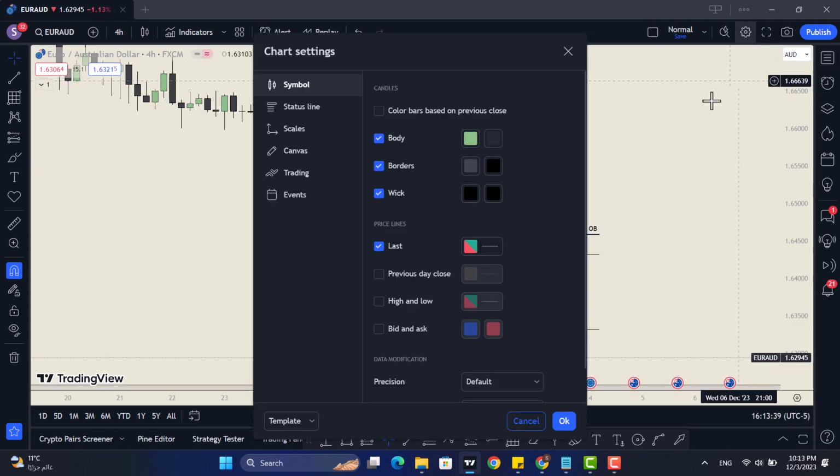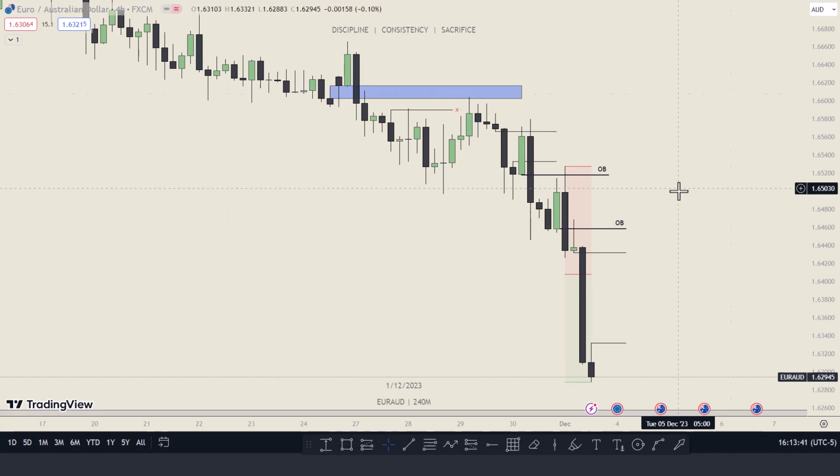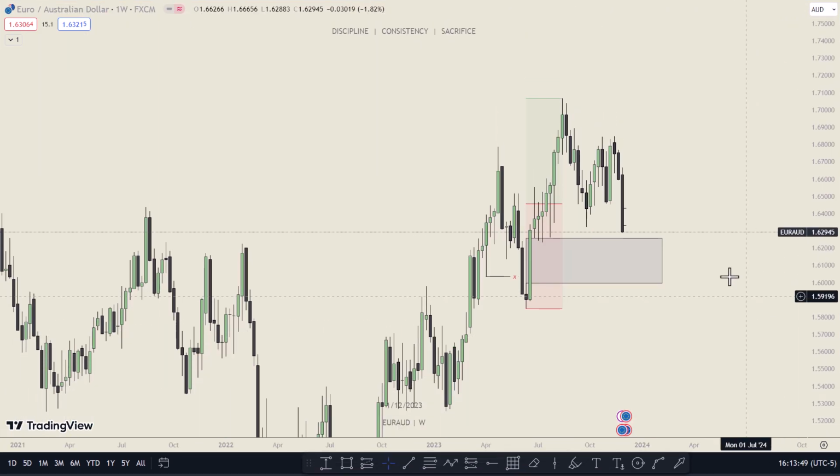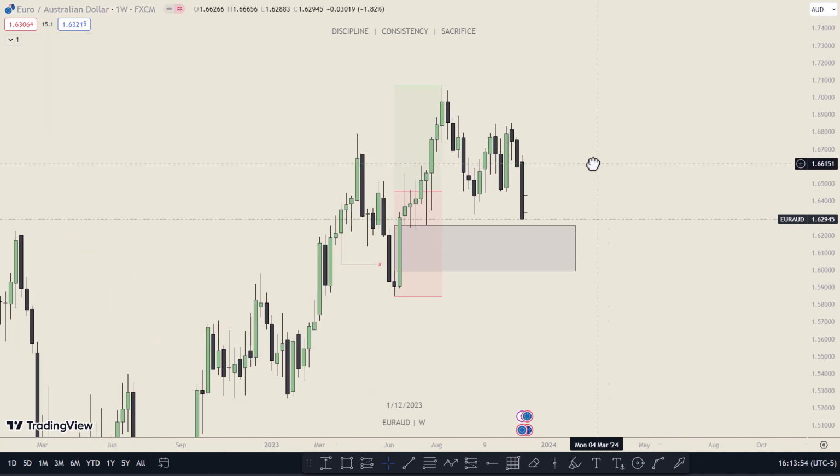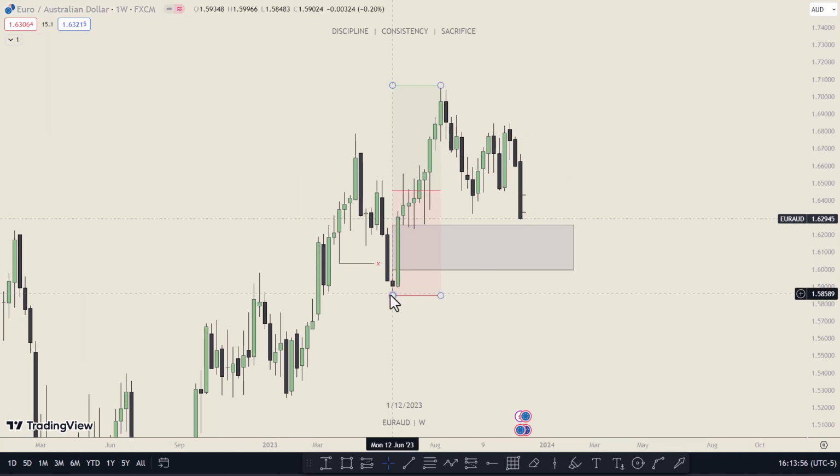I have shared this one on my Twitter account. Let's go to the daily. All right, so this is the euro against the Australian dollar on the weekly chart. From this swing low to this swing high, as you can see, this is the weekly range, and we are digging deeper into discount. Do we have a reason to go to discount?